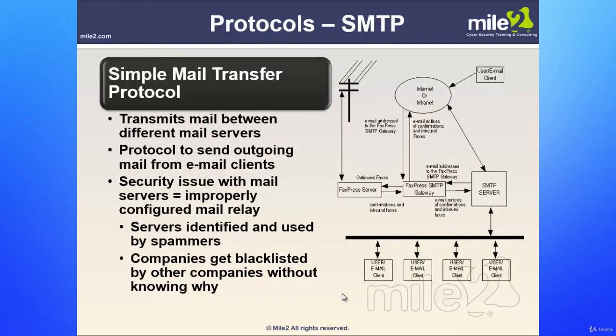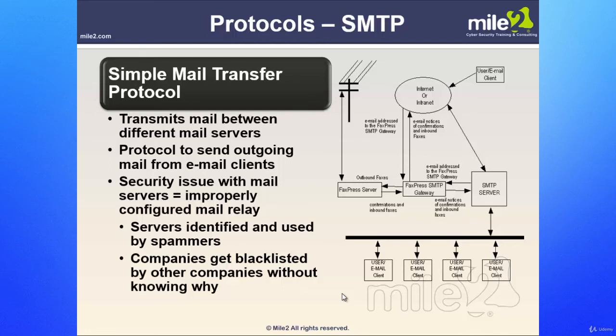SMTP is used to push information out, as in sending information. So it's a protocol that sends outgoing mail from email clients, versus POP3, which is going to be used for receiving emails. Right? And then we also have IMAP. Now, SMTP runs on port 25, POP3 runs on port 110, and IMAP runs on port 143.